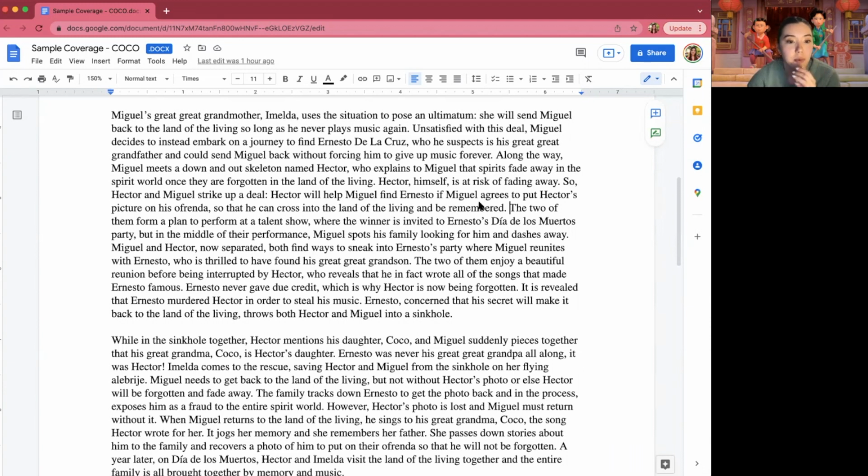So they both find their way into Ernesto's party where Miguel reunites with Ernesto, who is thrilled to have found his great-great-grandson. The two of them enjoy a beautiful reunion before being interrupted by Hector, who reveals that he, in fact, wrote all of the songs that made Ernesto famous. Ernesto never gave due credit, which is why Hector is now being forgotten.